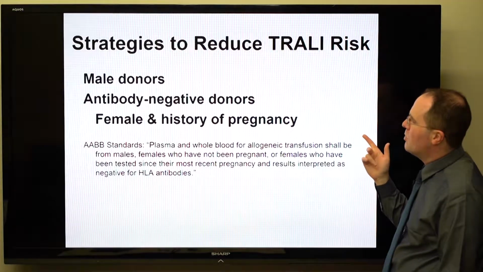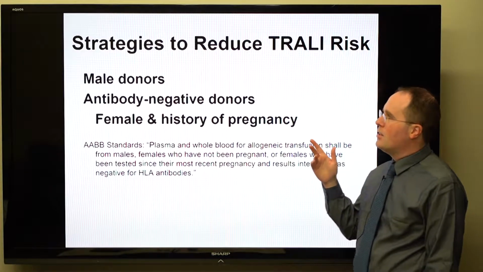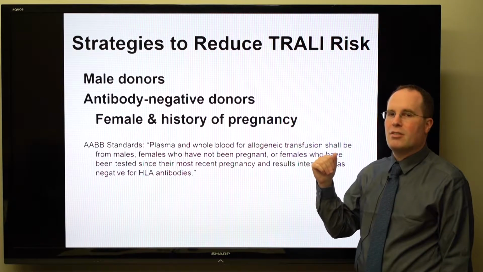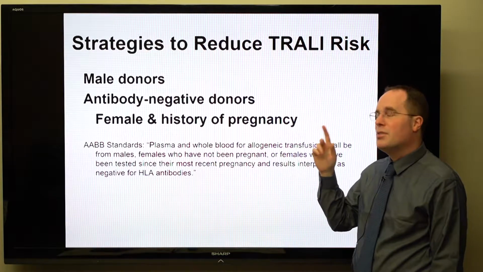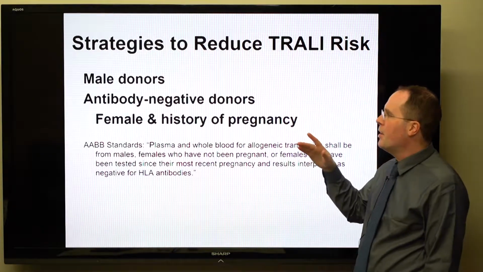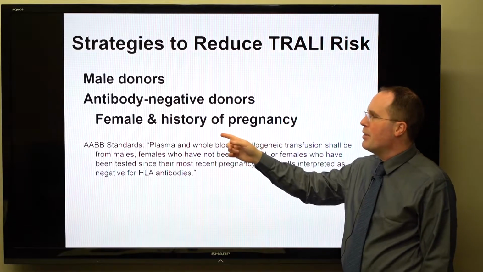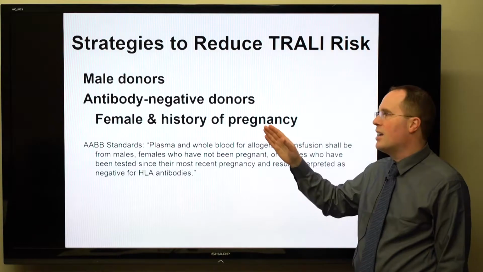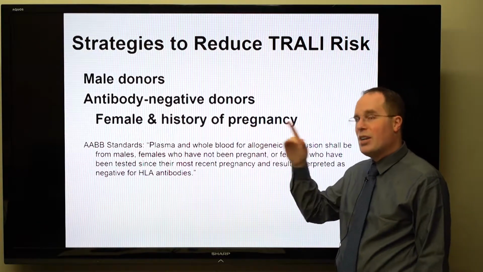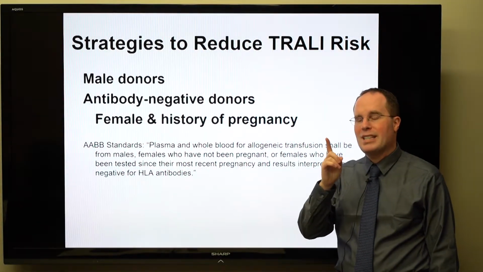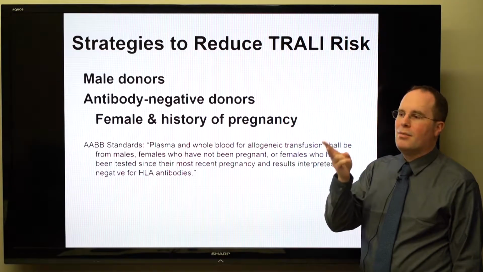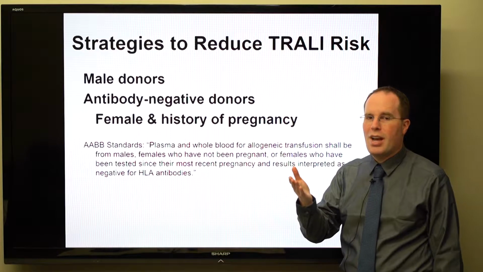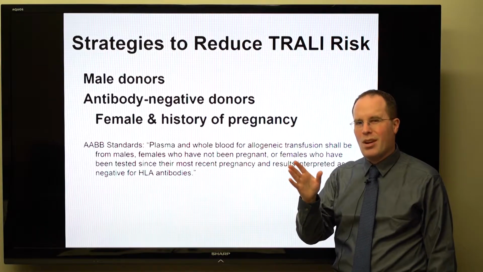So strategies to reduce TRALI risk. There's been a big movement the last, say, 10, 15 years to go to male donors, especially for plasma. And then if you use female donors for plasma, there's usually some kind of clause in the standards that say, well, number one, you have to check their pregnancy status. You have to ask about that. And then see, among the donors that have been pregnant, do they have HLA antibodies or not?